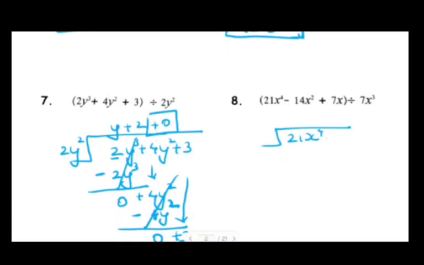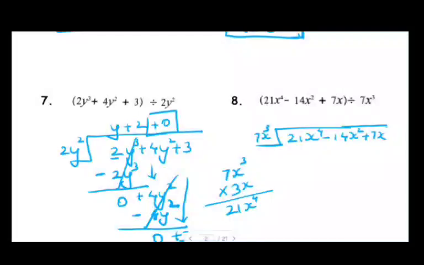21x raised to 4 minus 14x square plus 7x. And here divided by 7x cube. So 7x cube into 3 will give me 21x cube. So I'll put another x out here.